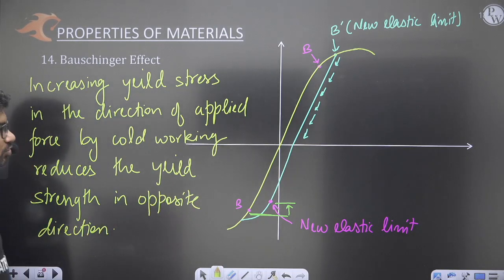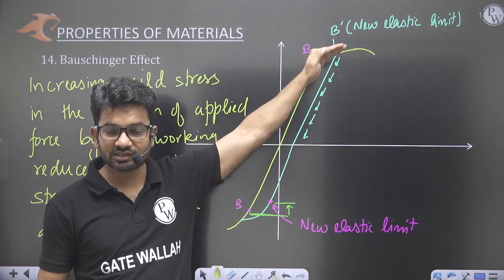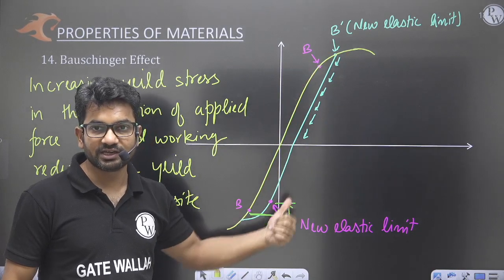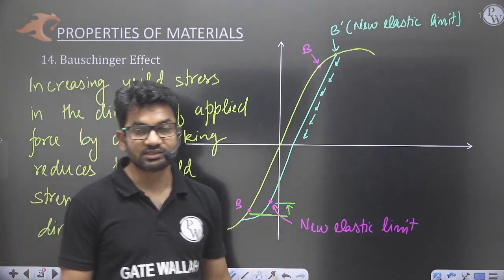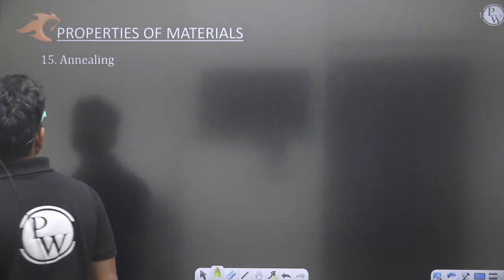This is called the Bauschinger effect. So I have increased the elastic limit or yield strength in one direction of applied loading, and in the opposite direction it will be reduced. The elastic limit or yield strength will be reduced. This is the Bauschinger effect.